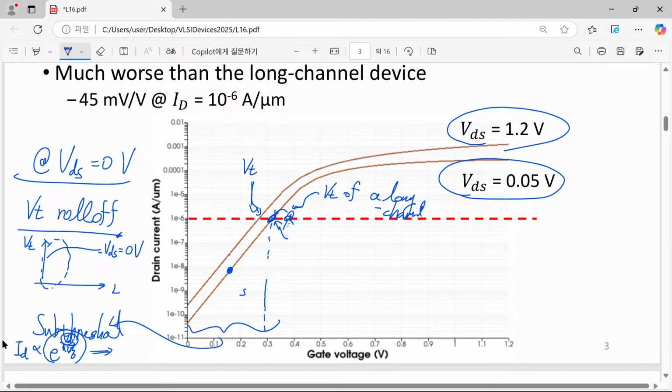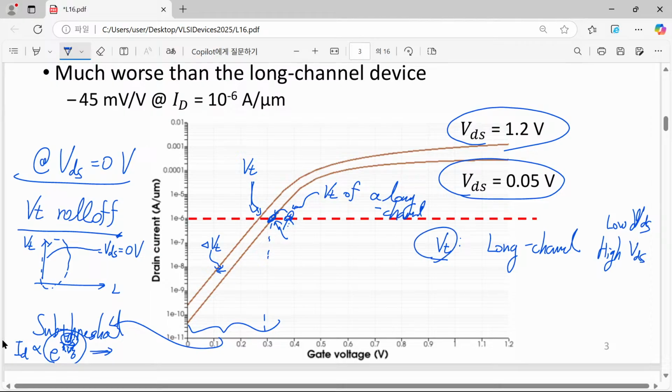This kind of huge difference in the subthreshold current can be explained only by the reduction of threshold voltage. So please think about these three cases. First, an ideal long channel device. In this case, threshold voltage is the same for low VDS and high VDS. This is the highest one. And think about a short channel device.